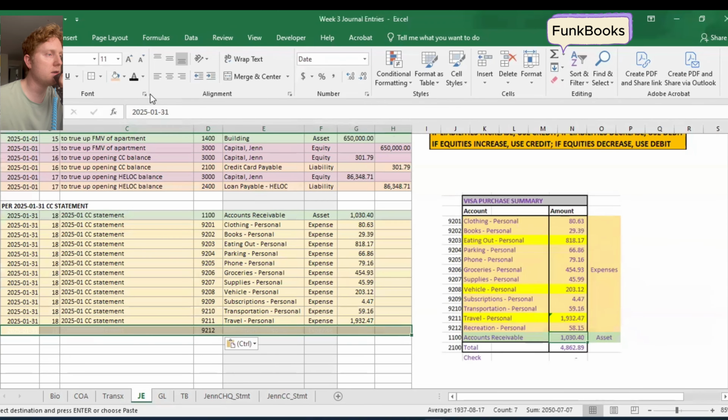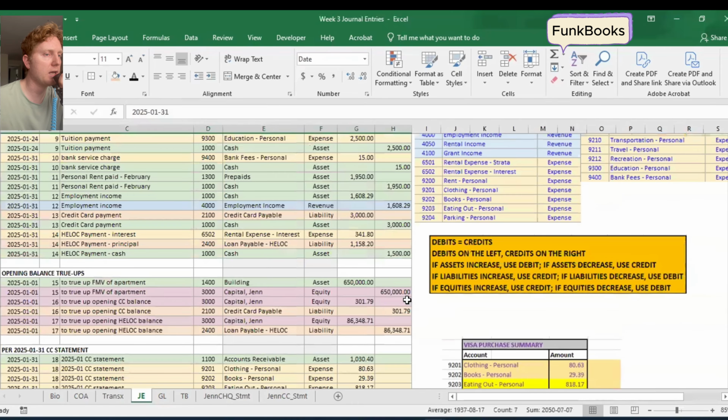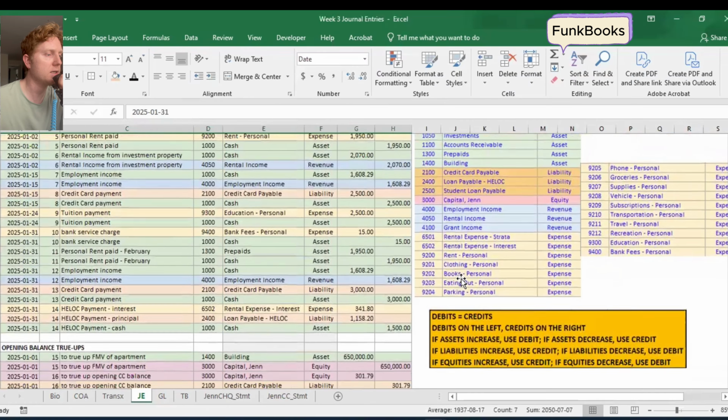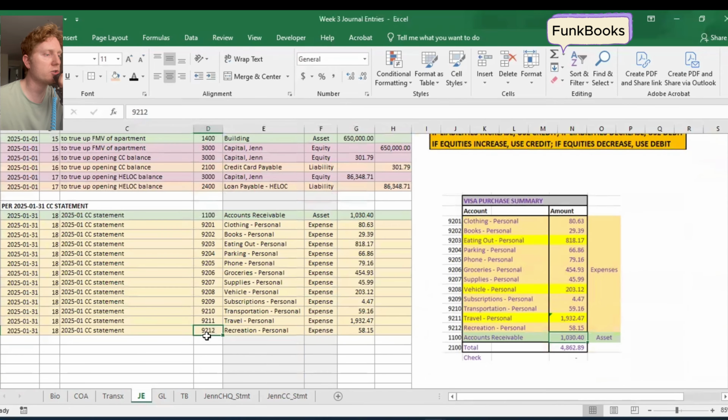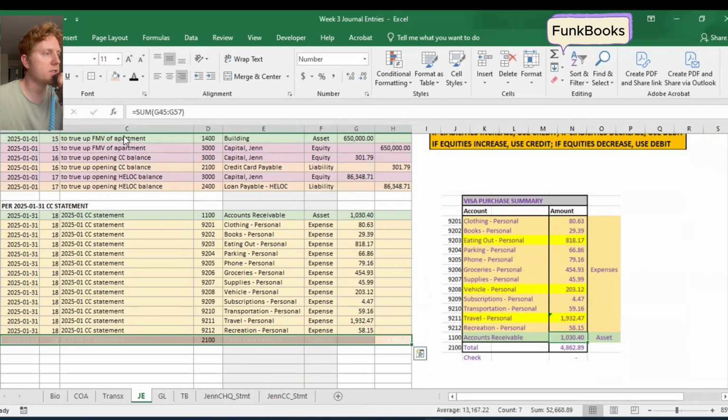And then the last line should be your credit card payable. Let me put that in and then we can take a quick look at it, make sure we understand, because this is probably our most difficult transaction. Let's just pause here for a moment.